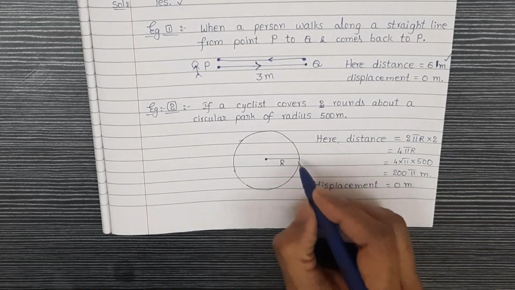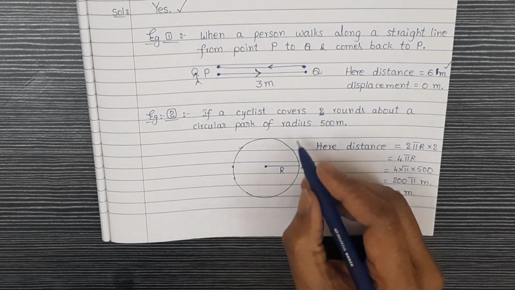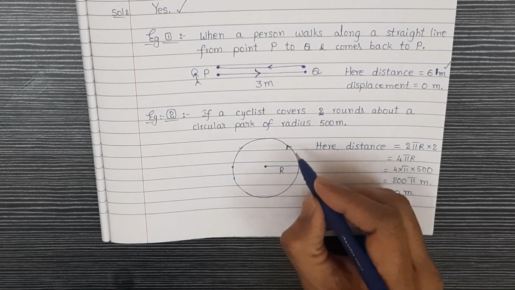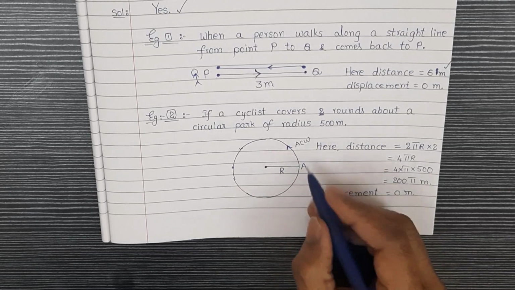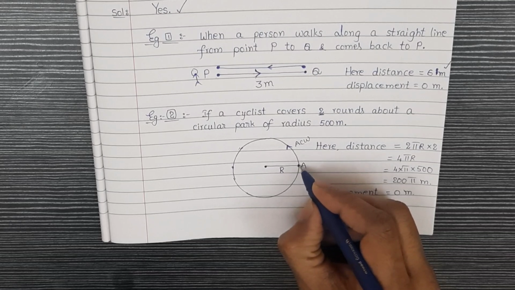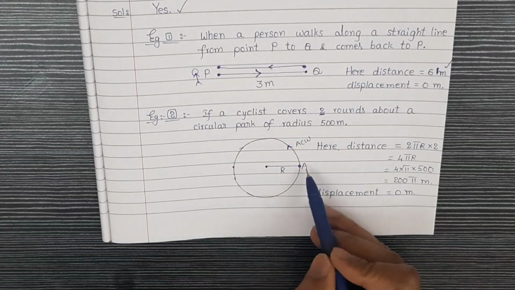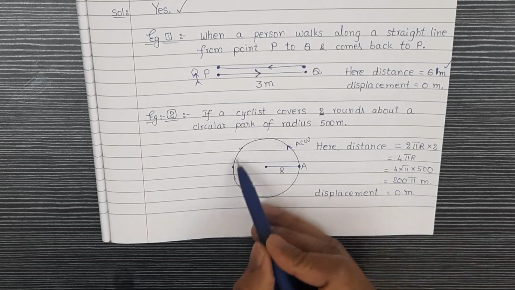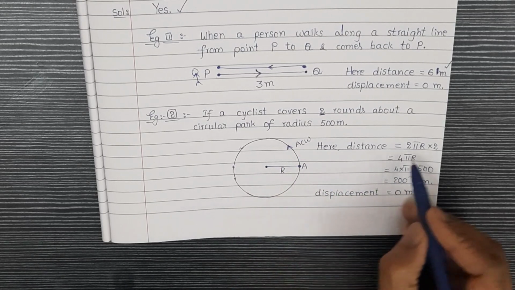In this scenario, if the person starts from point A in the anti-clockwise or clockwise direction, whichever, and reaches point A again after one round, he is covering a distance equal to the circumference of the circle. We all know the circumference of the circle formula is 2 pi r.